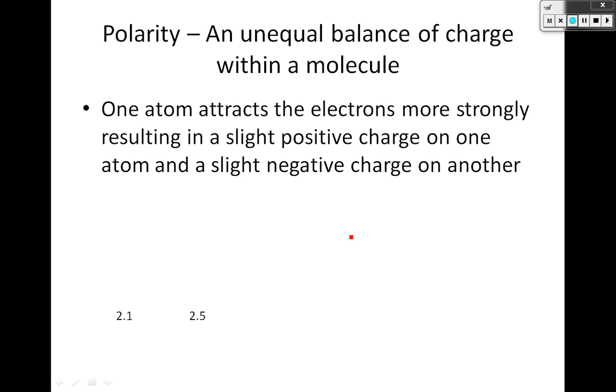So most of you have taken biology, and I know you talked about how water is a polar molecule. And that means that water is covalently bonded, but that the oxygen in the water attracts the electrons slightly more strongly. It has a higher electronegativity than the hydrogen. And so the oxygen side is slightly negative, whereas the hydrogen side is slightly positive.